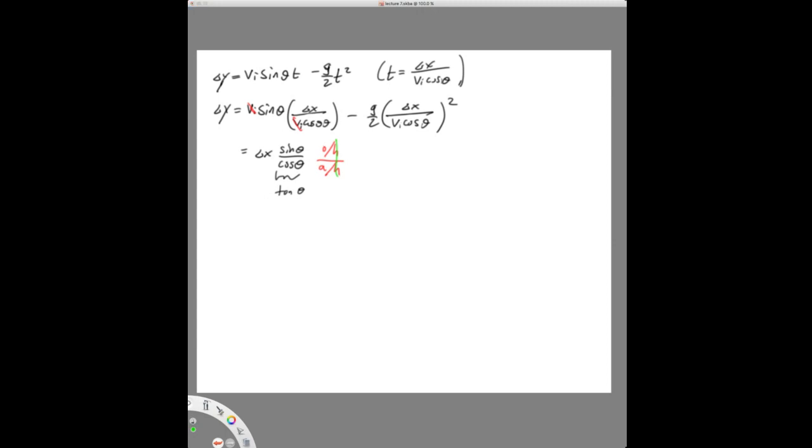Okay, so back to our expression. Then we have minus G over 2 times delta X squared over VI squared cosine squared of theta. So let me rewrite this in the most simple form.